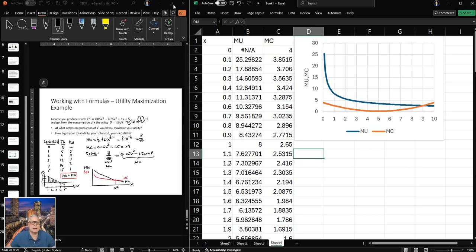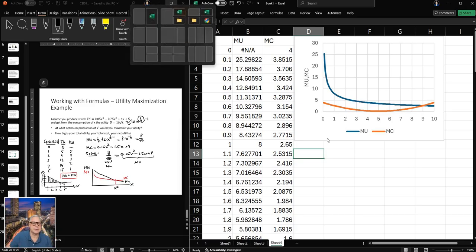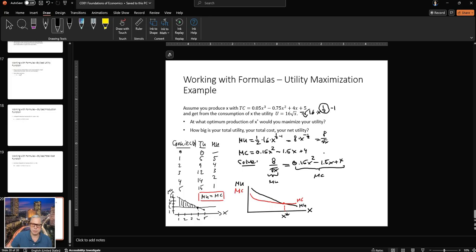Let me quickly show you what we will do. We know that this condition needs to be met. So we just rewrite it: we subtract 8 over the square root of x on both sides and rearrange terms.